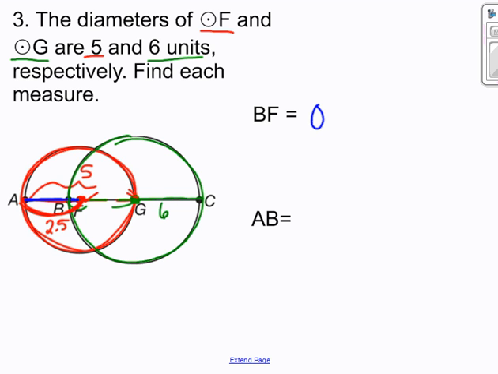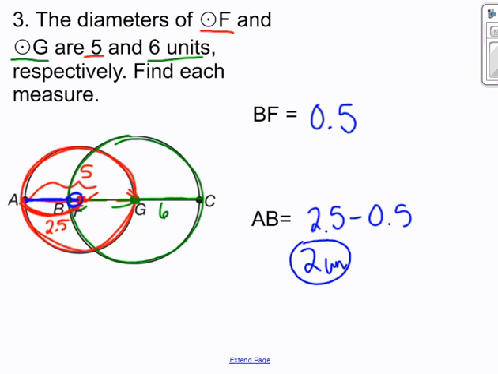And we just said this little chunk here was 0.5. So what I'm going to do is take 2.5 and subtract the 0.5, so AB is 2 units. They're like little puzzles.